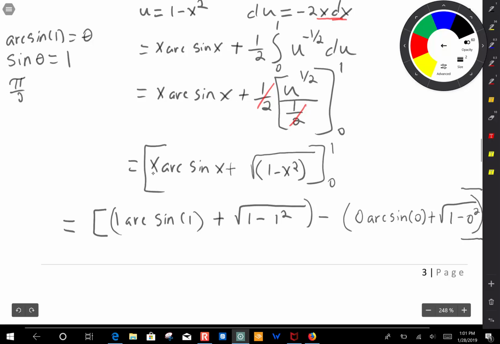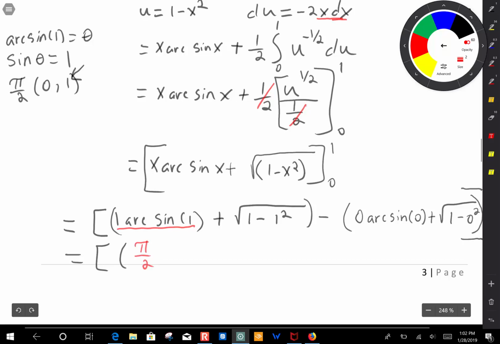Pi over 2 is the point 0, 1, and this 1 right here is my sine theta, and the 0 is my cosine theta. So theta has to be pi over 2. So that means this right here, let me just write it in red here, is pi over 2, right?